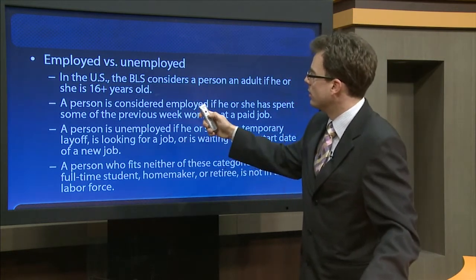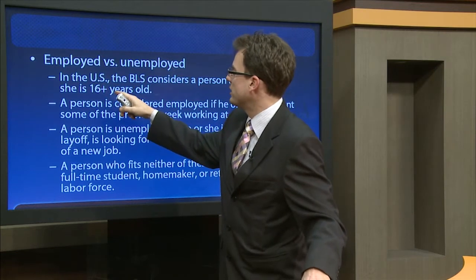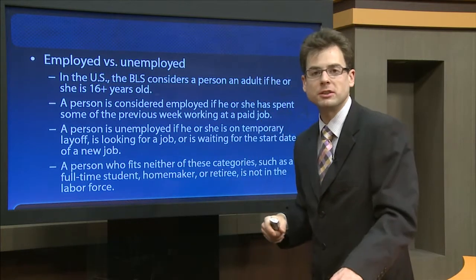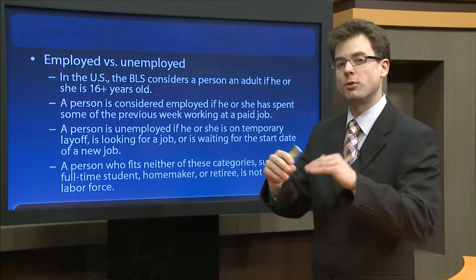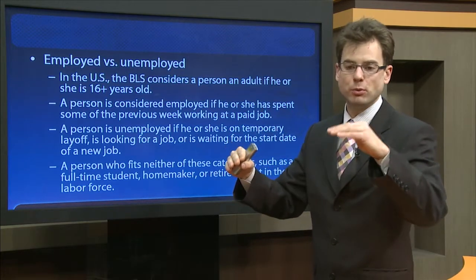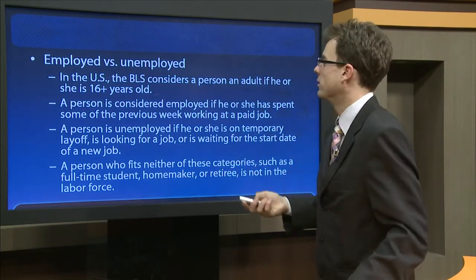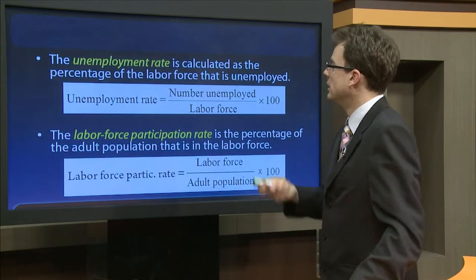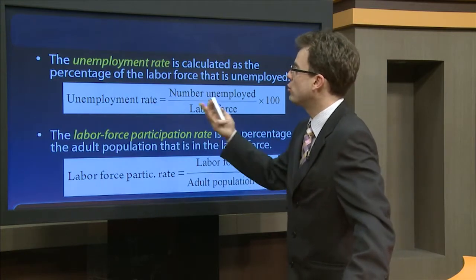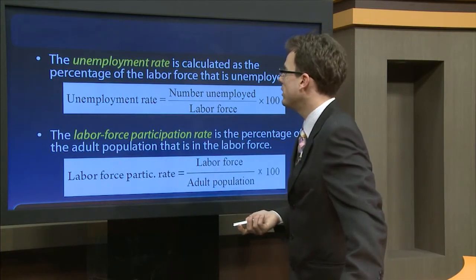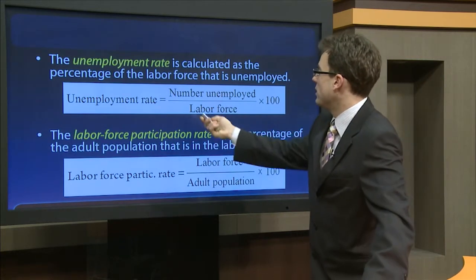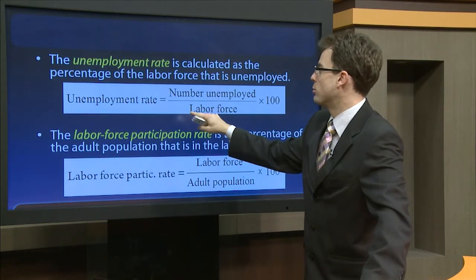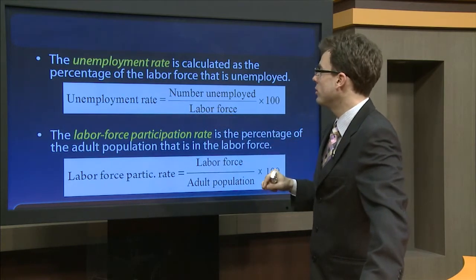In Korea, the one difference is that the Bank of Korea considers everybody who is 15 years and older to be an adult. So we might see some differences in statistics between Korea and the US because of these different definitions. And to get to what we're interested in, the unemployment rate, we simply look at the overall size of the labor force. And let's remember that labor force is the number employed plus number unemployed.